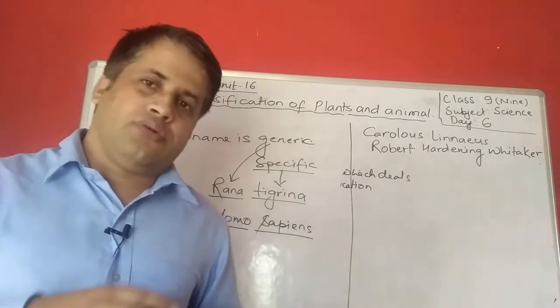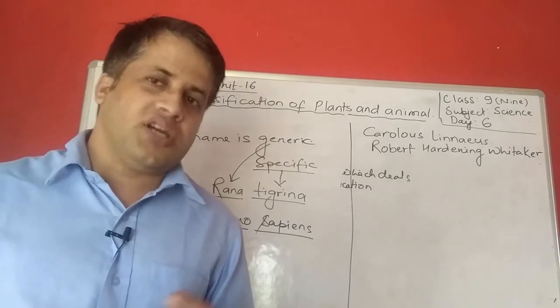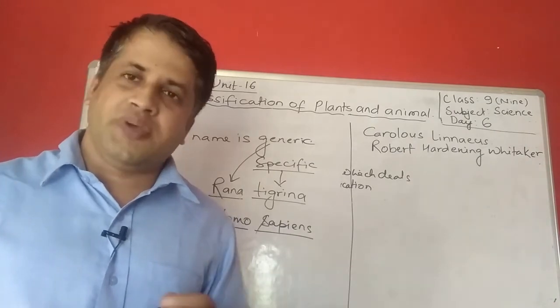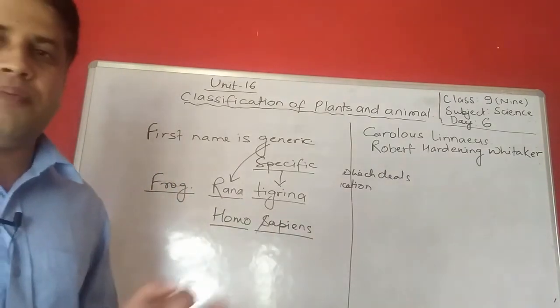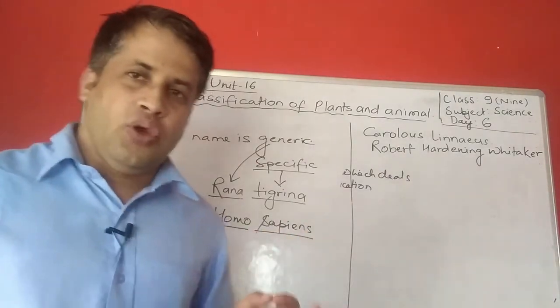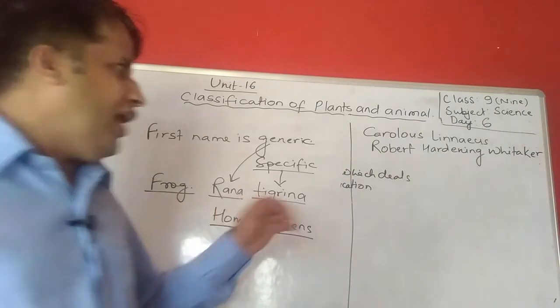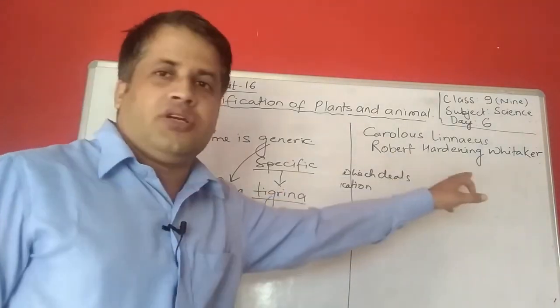But in our course, we will discuss the classification of living organisms on the modern concept of the five kingdom system, which was propounded by Robert Harding Whittaker.